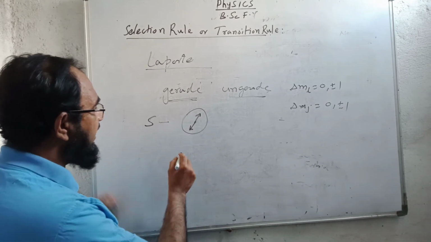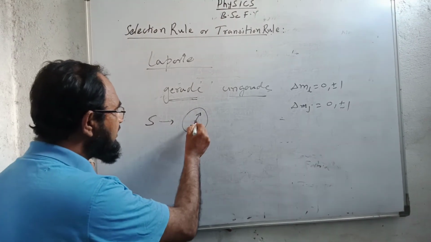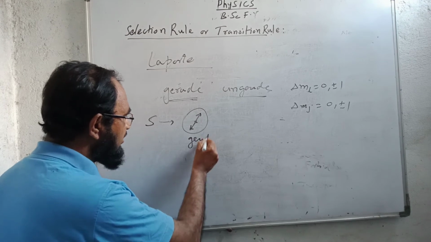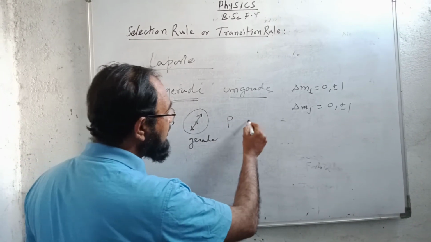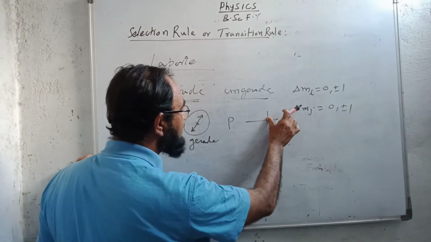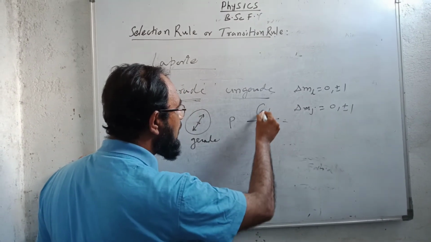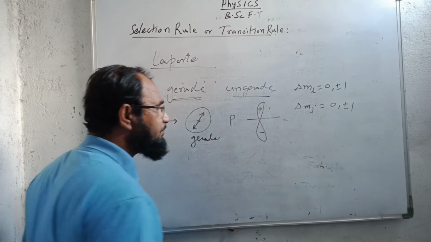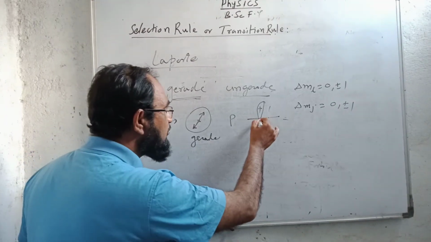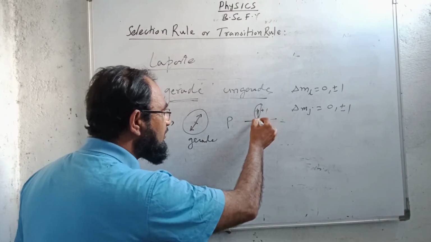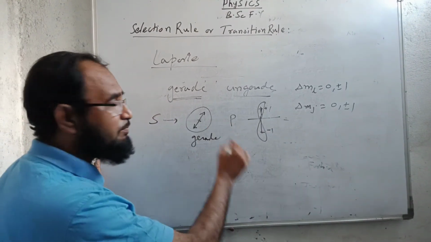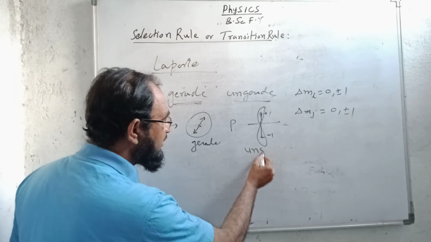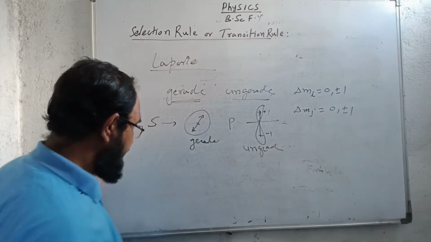So we say that the s orbital is gerade. When we study the p orbital, the shape is a dumbbell, plus and minus. When we go upward, it is plus 1, and when we go downward, it is minus 1. So the p orbital is an ungerade orbital.